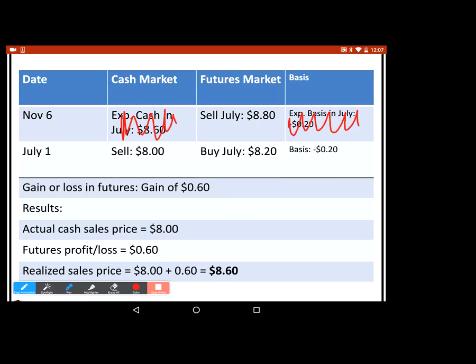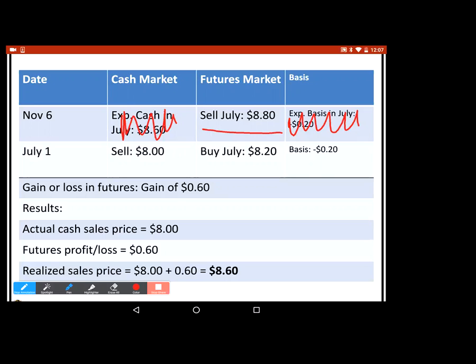So that's what I wrote right here in this cell of our table: sell July at 880. So we call our broker up, want to sell a July contract at 880, Kansas City wheat or whatever. That's the only thing we do, and then we hold tight till harvest time, marketing wise.